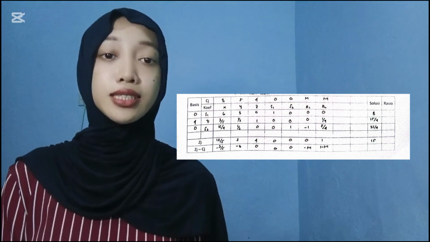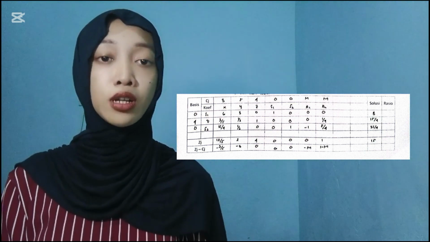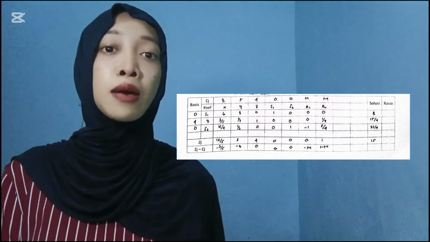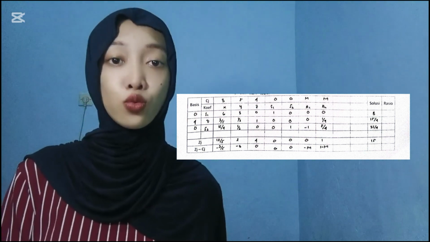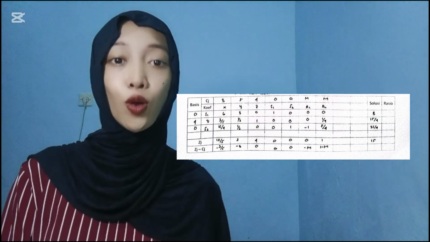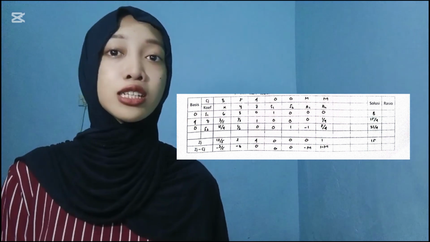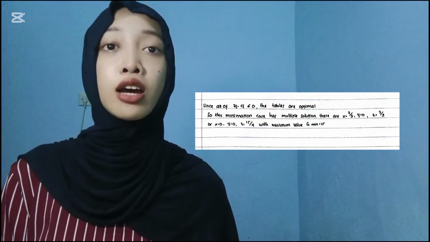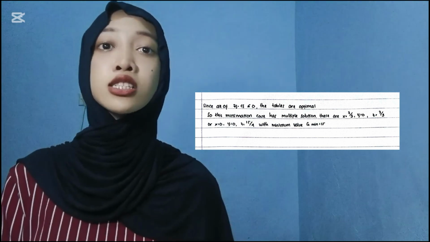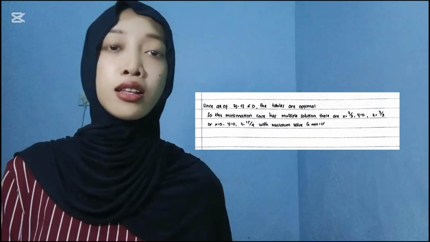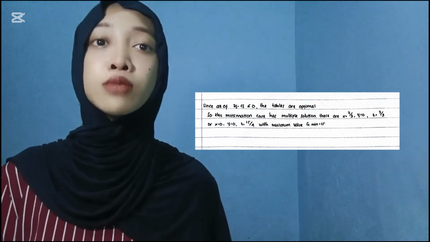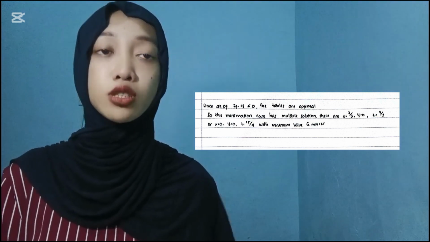My mistake in this number is I just forgot to add a2 in the last minute, so I did not complete the iteration. And the conclusion of number 2 is since all of Zj minus Cj is less than 0, the table is optimal. So this minimization case has multiple solutions.